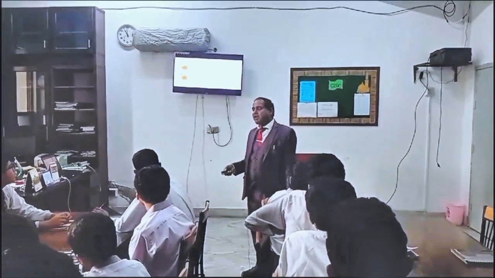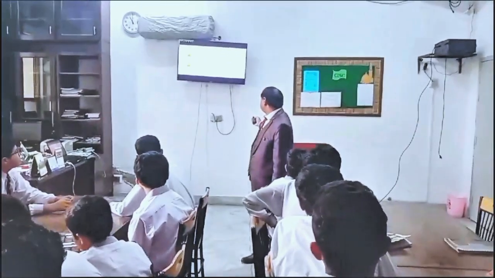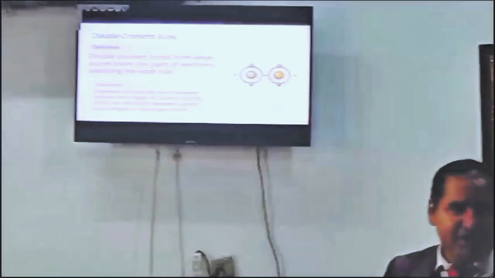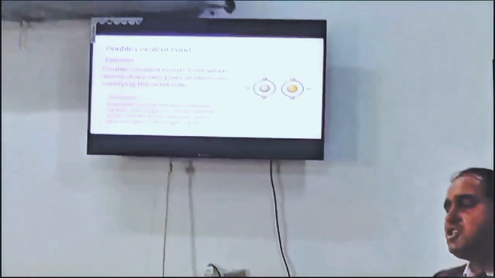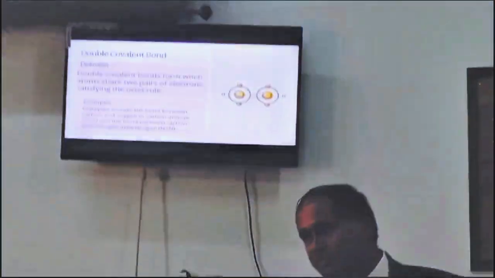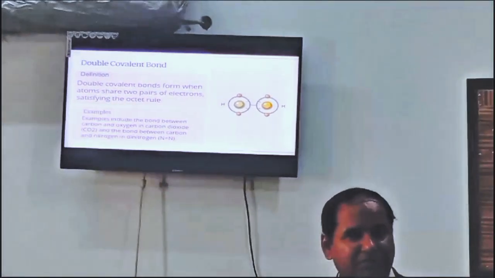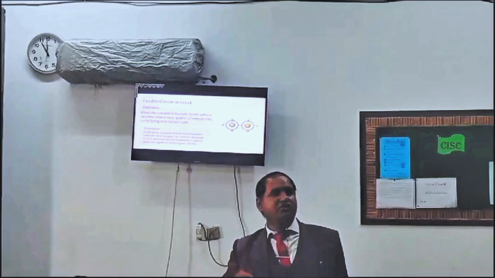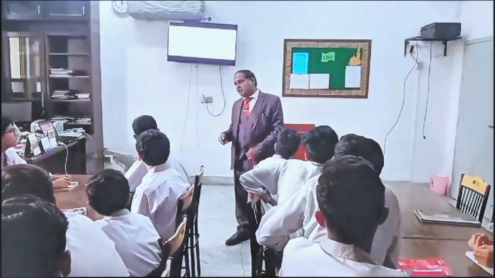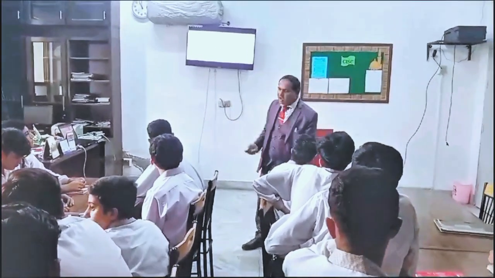The example is the formation of a hydrogen molecule. Now we see the double covalent bond. When each of the bonded atoms shares two electrons each, the double covalent bond is formed. The example of double covalent bond is the formation of oxygen molecule.